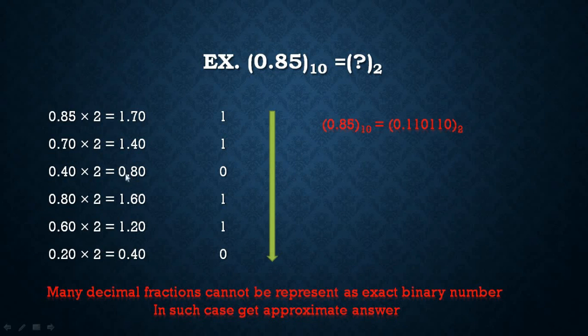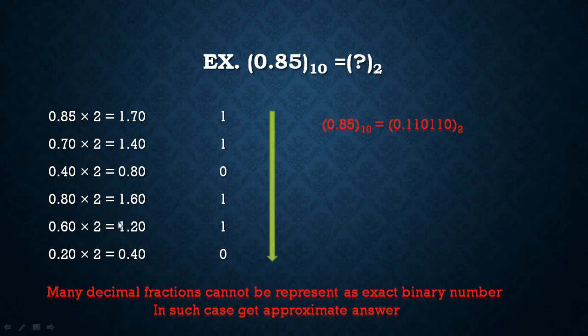So we get the result 0.80, and the 1 bit before the decimal point is picked up for the result representation. Again we pick up the fractional part and put it here. We write 0.80 into 2 is equal to 1.60. Again this 1 is picked up for the result, and 0.60 is put here. Then 0.60 into 2 is equal to 1.20.